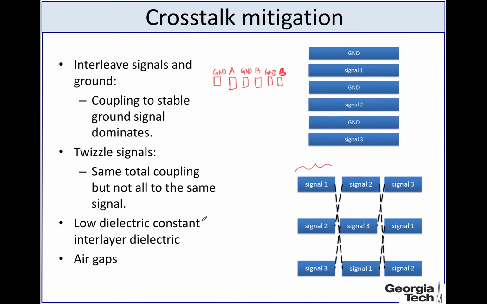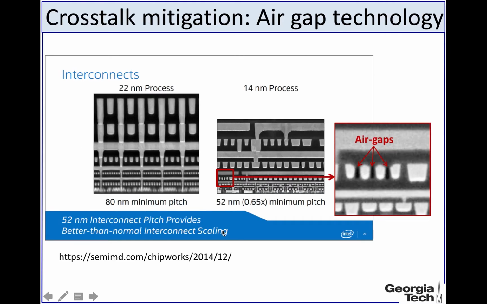Now these last 2 points are something that we have seen in one of the previous lectures, when we were talking about how to reduce the delay in the interconnects. So the same techniques are used to mitigate the crosstalk effects. Just to show you the air gap technology: air gap is the ultimate form of reducing the dielectric constant in the back end.